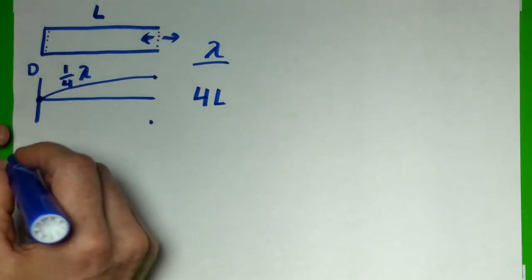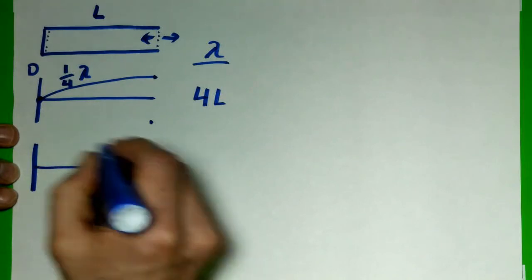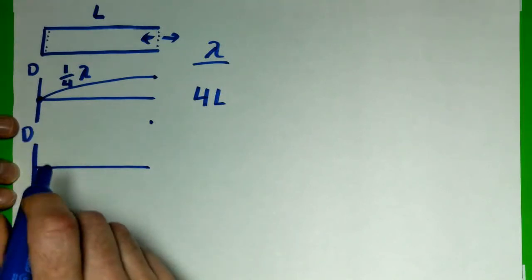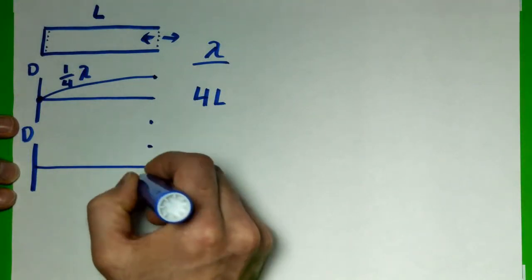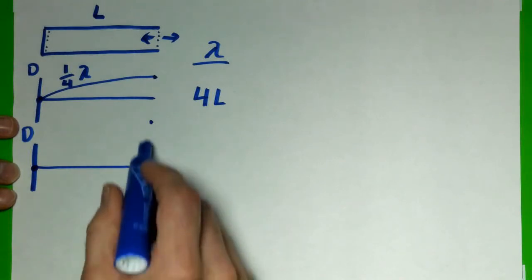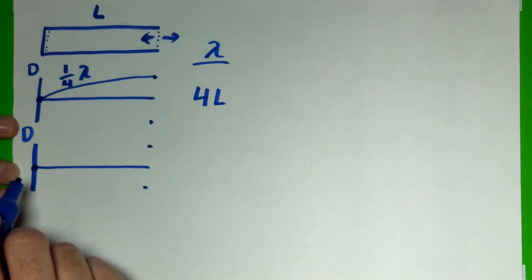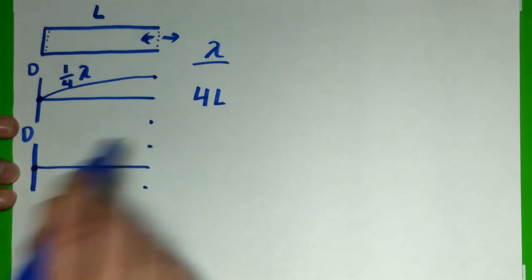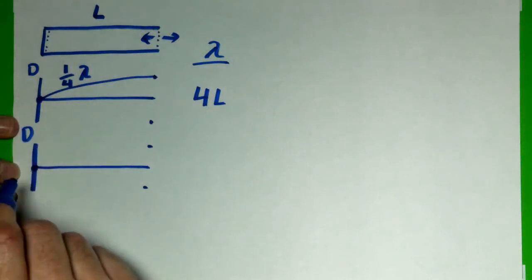Okay, let's do the next possible case. Here's my displacement wave, and here's the maximum and the minimum. It's got to go through the equilibrium point here, and it's got to be able to oscillate freely between these two points. So at one point in time, it's got to go from here to here. How can we accomplish that in the next mode of oscillation?